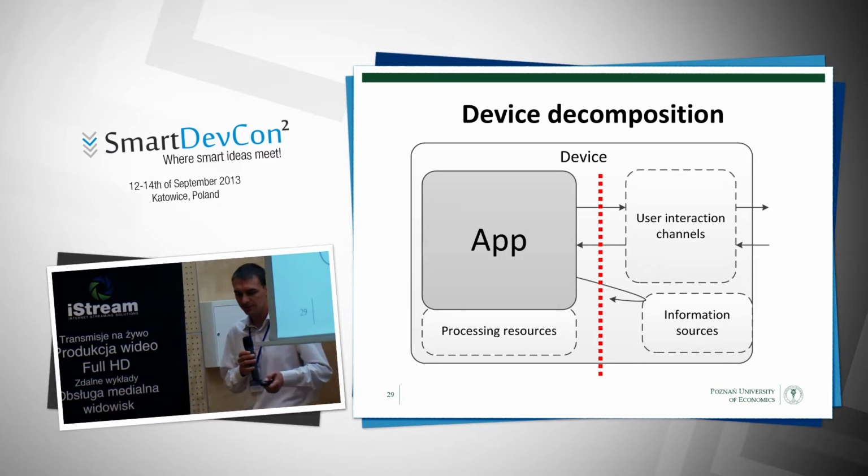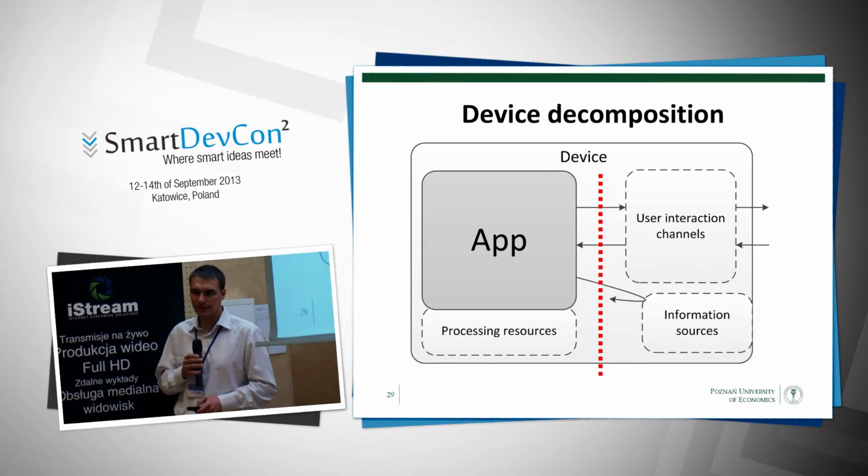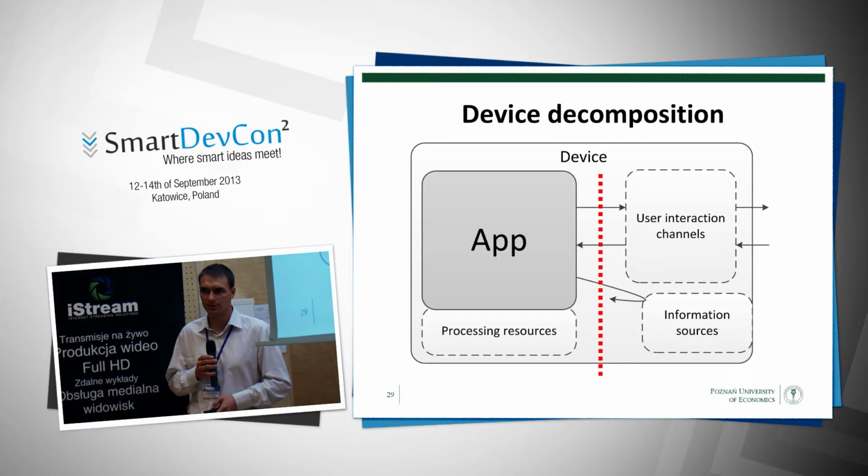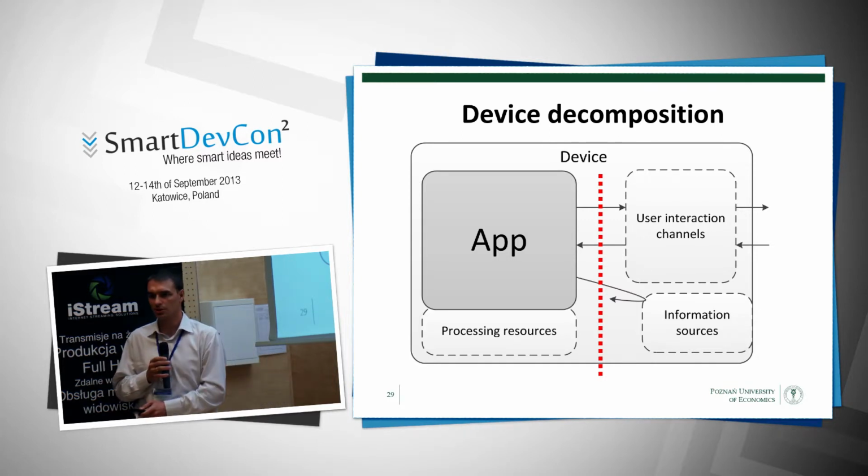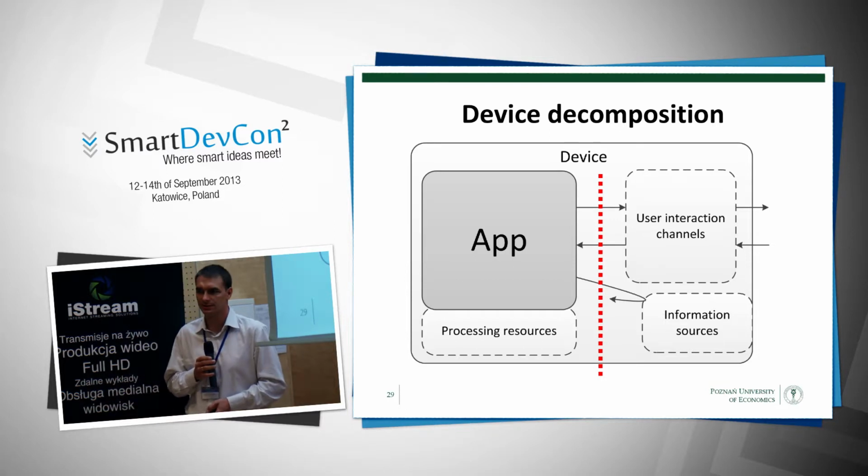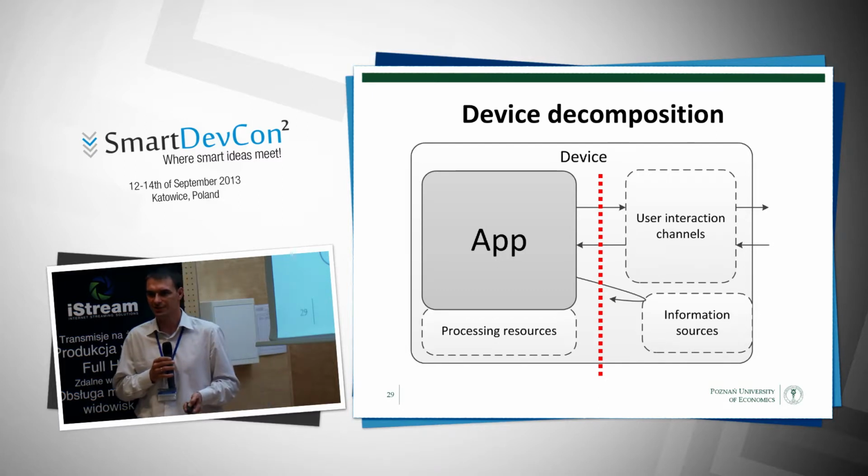And when you see the device in this way, at this abstraction level, what you can notice is that only the user interaction channels and information sources have to be close to the user, have to be embedded in the device. The application and the processing resources can easily be placed elsewhere.